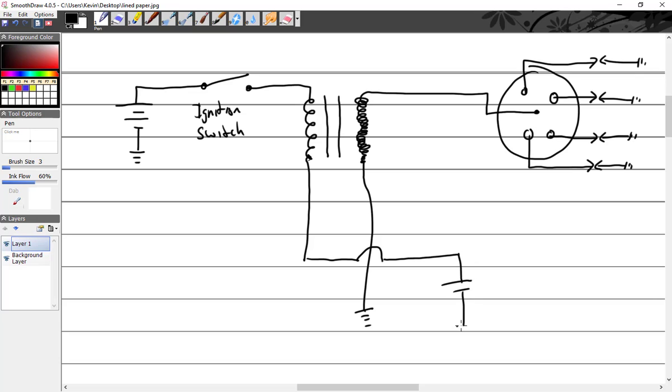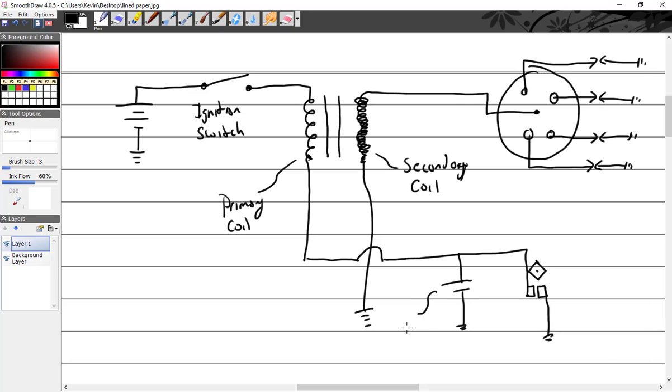What's that right there? A capacitor and breaker points, and a cam. All right. So we have the ignition switch, we have the battery, we have the primary coil, and the secondary coil.